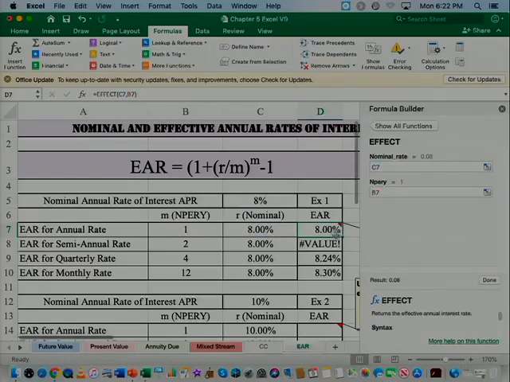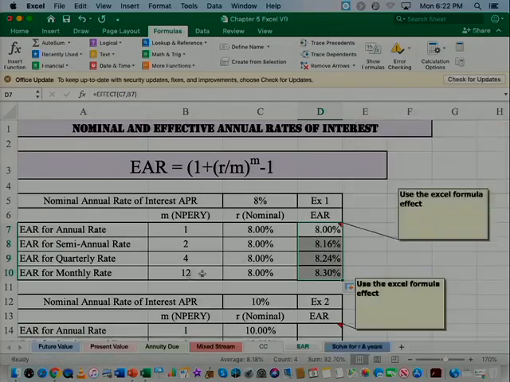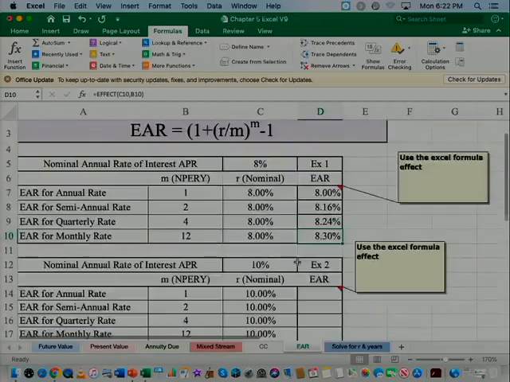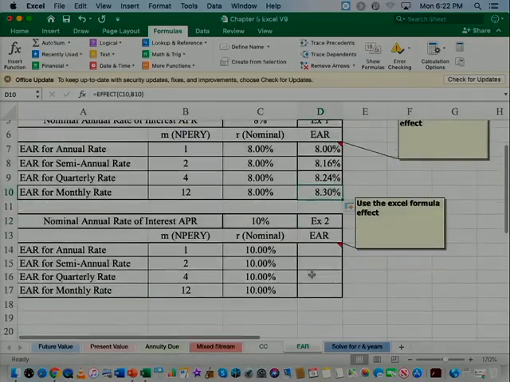So that way, if I use C7, I can drag it down. Okay. So this is how this would be. So if it's compounded monthly, your rate goes from 8% to 8.3%. It's one of the reasons car loans are compounded monthly. All right. So try the second example by yourself. 10%, what is the rate on that?